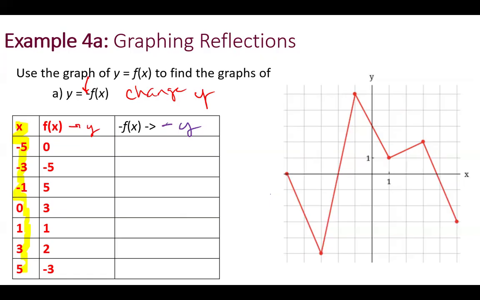All I'm doing is changing the sign. 0 has no sign, so 0 is going to stay 0. -5 becomes 5. +5 becomes -5. +3 becomes -3. +1 becomes -1. +2 becomes -2. -3 becomes +3. Okay? So that's what's happening from a table perspective.